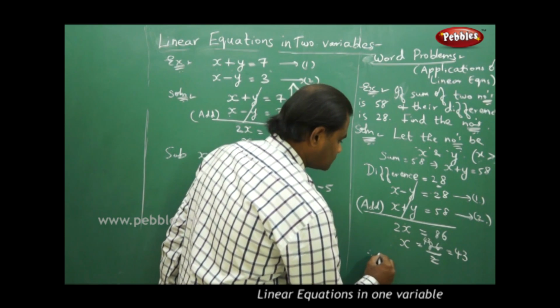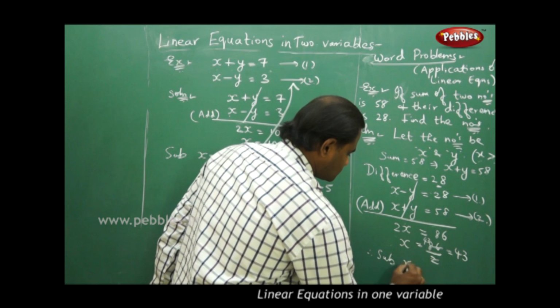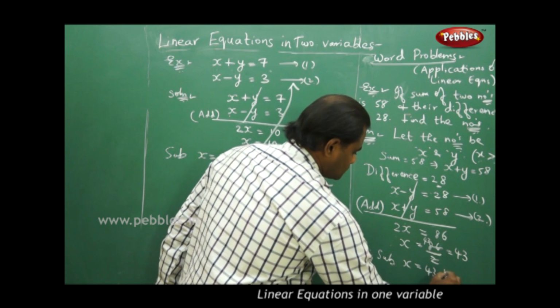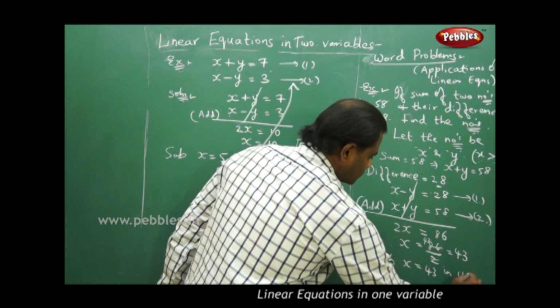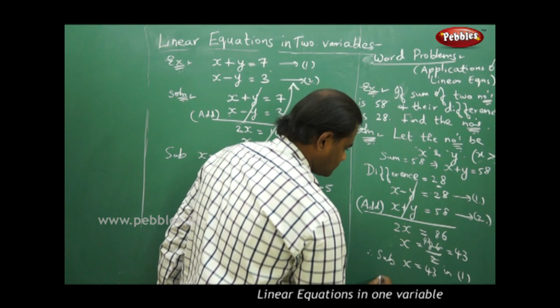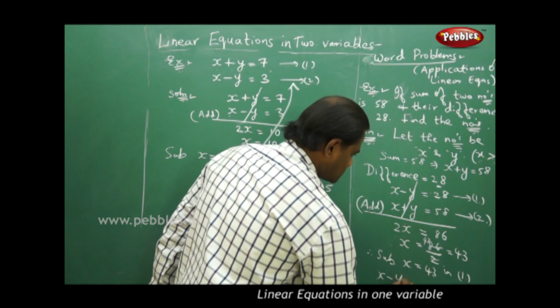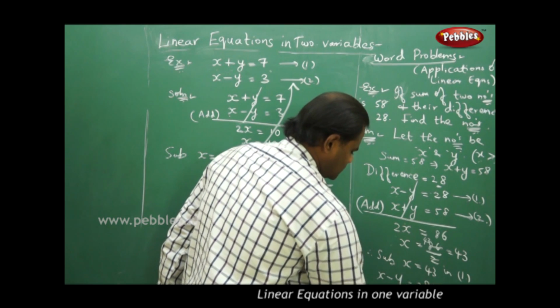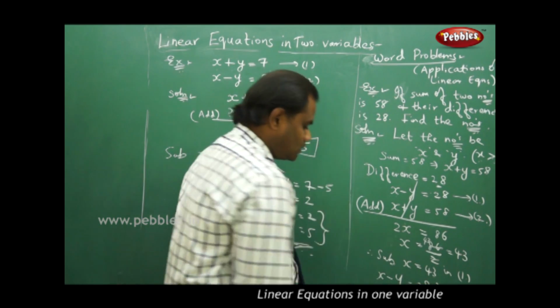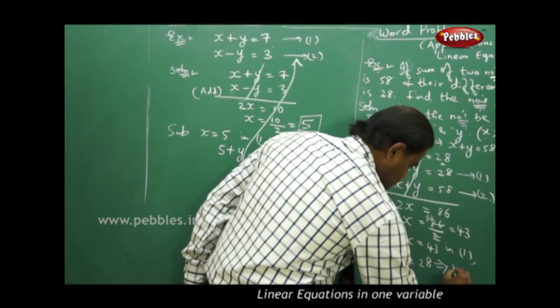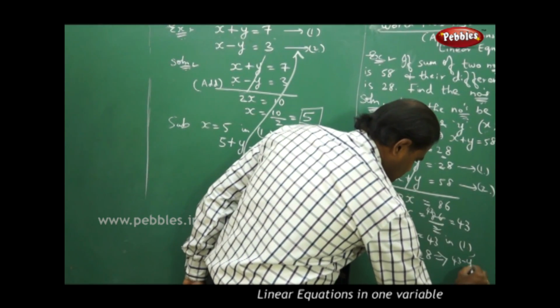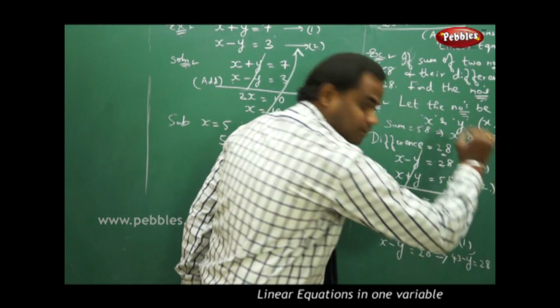Therefore, substituting x equal to 43 in equation 1, I get x minus y equal to 28, so that this becomes 43 minus y equals 28.